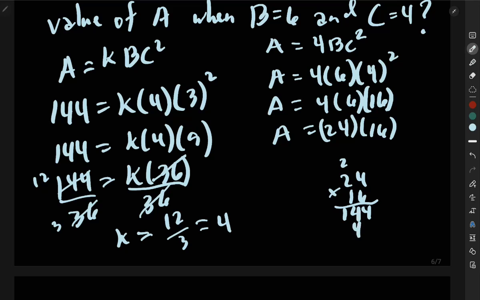And then 4, and then 2, and then add, 384. So that is the value of A, 384.